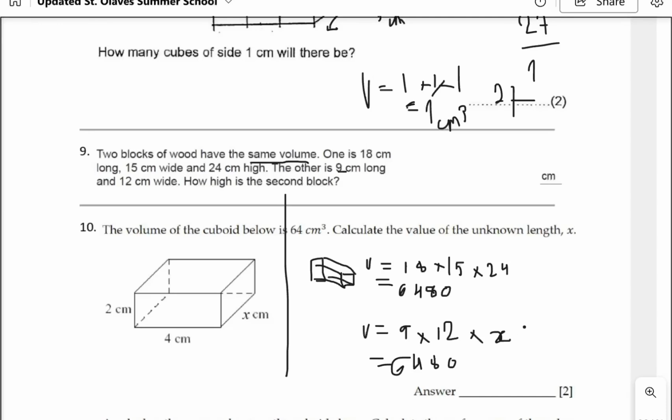So to find out the missing length, we know that this is equal to 108x is equal to 6,480. So to find 1x, we have to do 6,480 divided by 108, which is equal to 60.